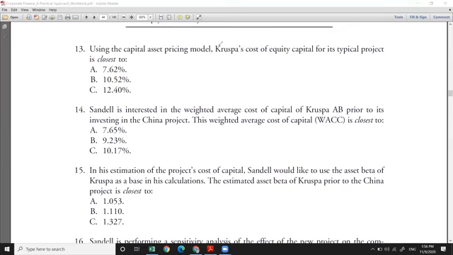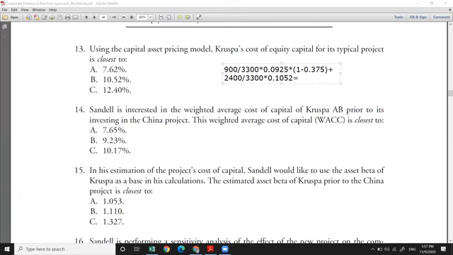Let me do it this way, more quickly. So 900 divided by 3,300, which is the proportion of debt, times the cost of debt, which is 9.25%, and you adjust for the tax, 1 minus the tax rate, which in this case is 37.5%, plus the proportion of equity, 2,400 divided by 3,300, times the cost of equity, which we found above, 0.1052.